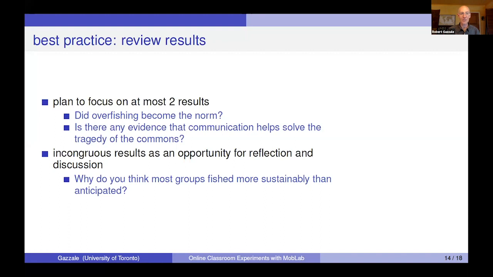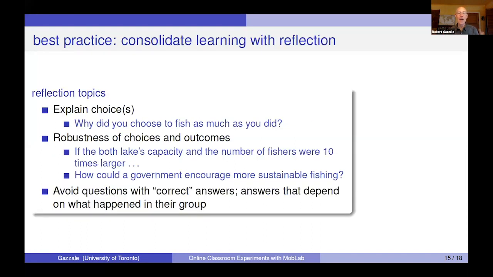Which brings me to my next best practice, and that is to consolidate learning through reflection on student participation. There is evidence which shows that the value of using classroom experiments crucially depends on having students reflect upon their participation after the experiment.